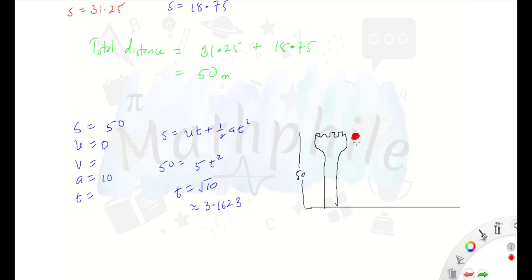So a red ball was projected and the blue ball was also projected from the ground. The blue ball traveled a distance of 18.7, and the red ball traveled a distance of 31.25.